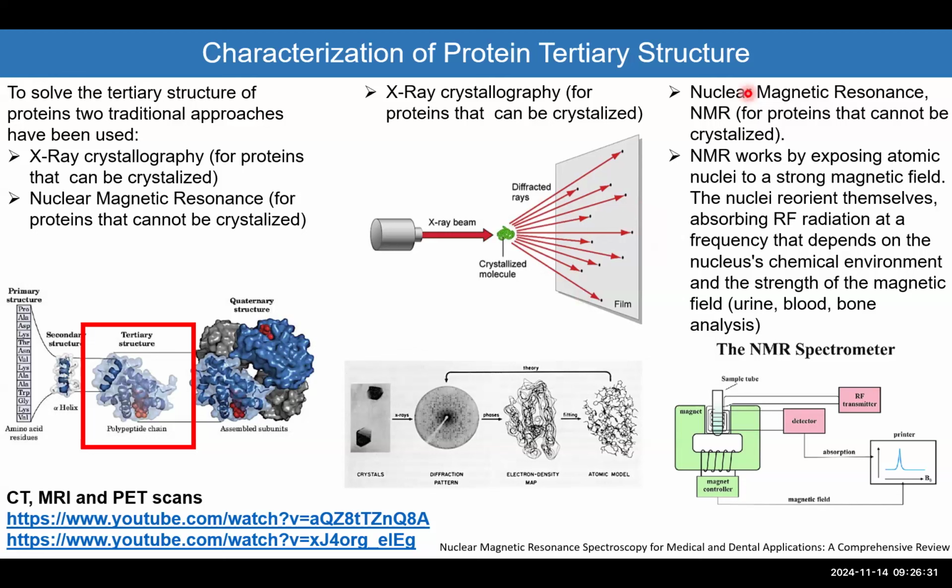The nuclear magnetic resonance is similar in terms of the concept, but the difference is that you should have a strong magnetic field around the sample. Now, I'm sure you would say, oh, why is he telling us all these things?